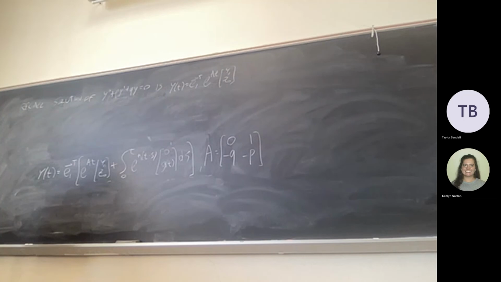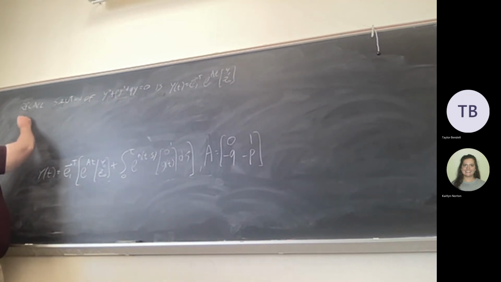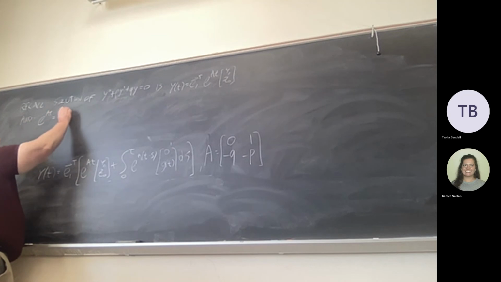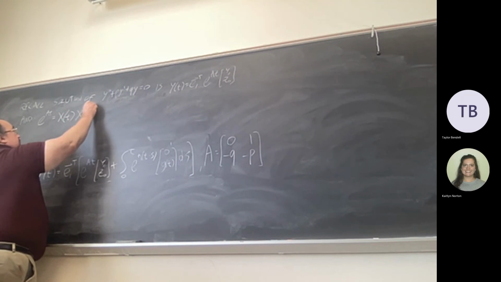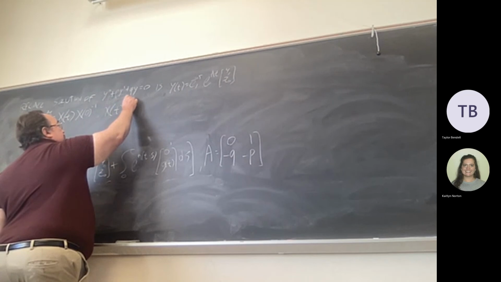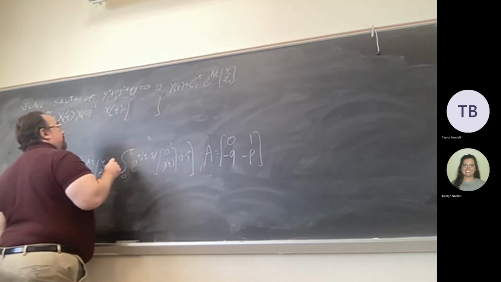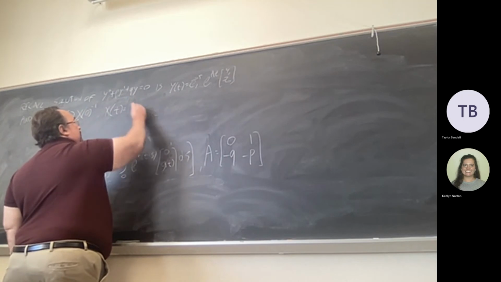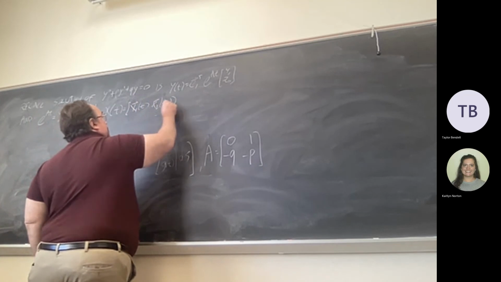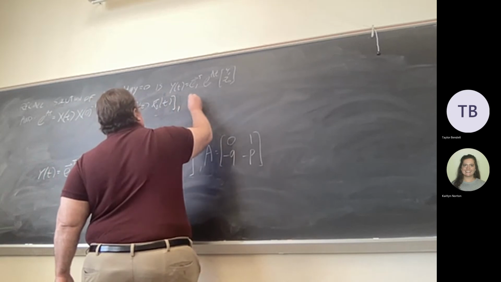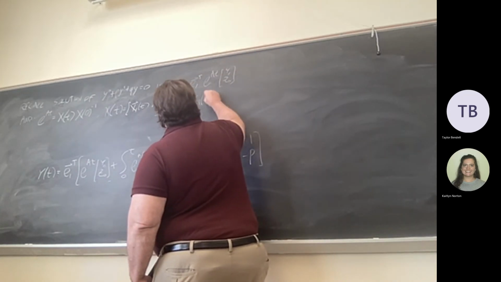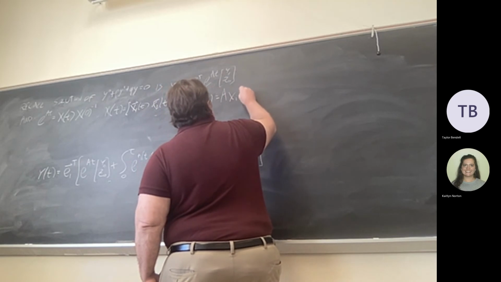Now, the other thing you need to recall, this is just from Tuesday, is e to the At can be written as this matrix product, X of t times X of 0 inverse, where X of t has as its columns solutions of our first order system, so xi of t prime is equal to A times xi of t.